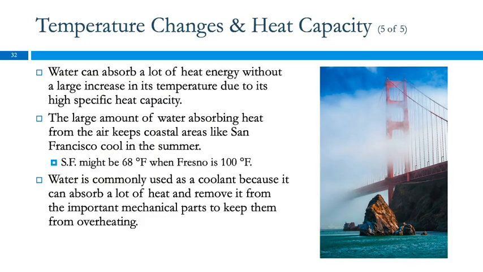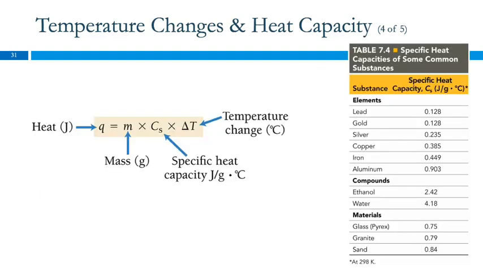So water can absorb a lot of heat energy without a large increase in the temperature because of its large heat capacity. And going back to this slide, the specific heat capacity of water is 4.18. That's more than 4 times as much as most of the other substances on this table.